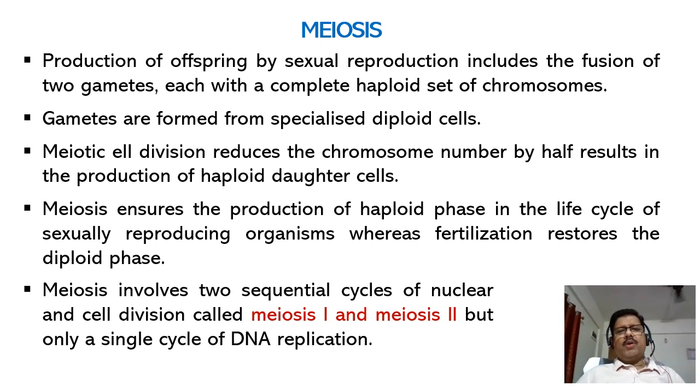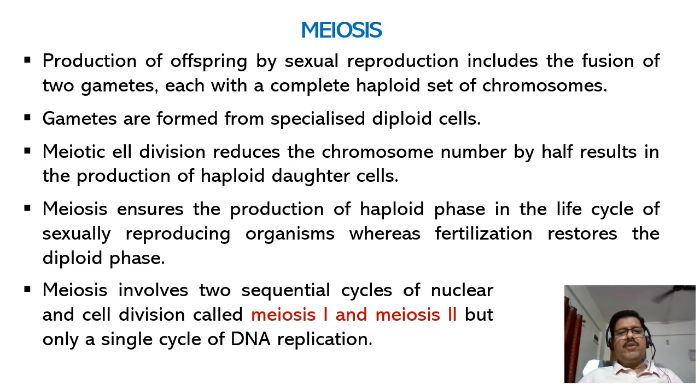The production of offspring by sexual reproduction includes the fusion of two gametes, each with a complete haploid set of chromosomes. Gametes are formed from specialized diploid cells. This specialized kind of cell division that reduces the chromosome number by half results in the production of haploid daughter cells.